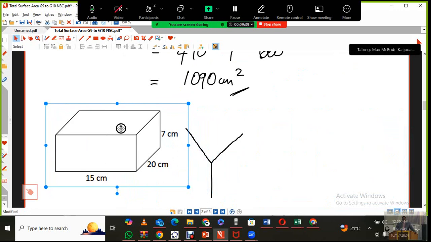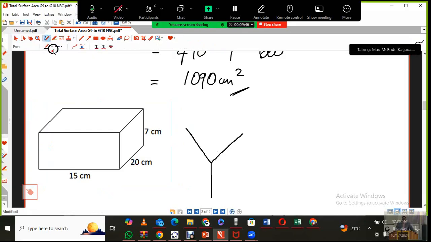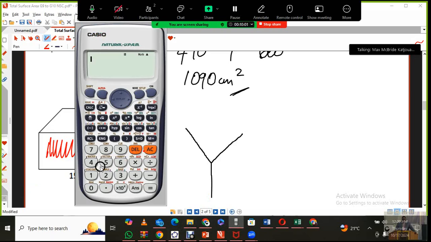All right, so there's the cuboid, no? So the way I do this is I take the area of each rectangle. So let's say we calculate the area of this rectangle. This is going to be 15 times 7, eh? And what is 15 times 7? 105.